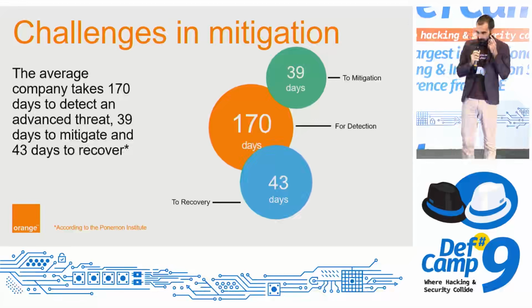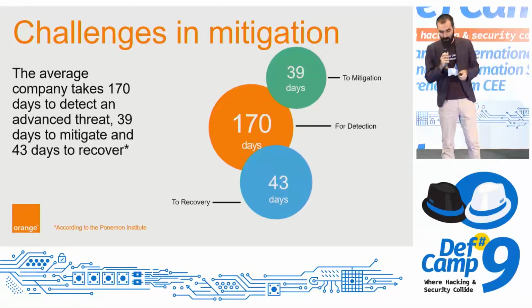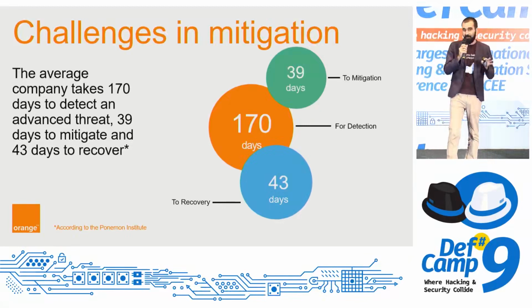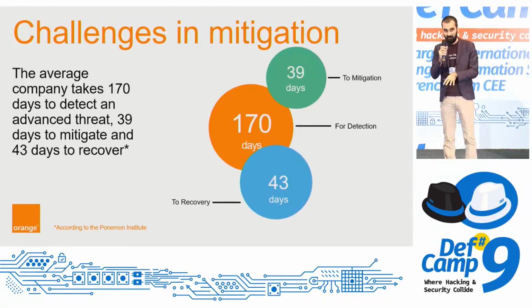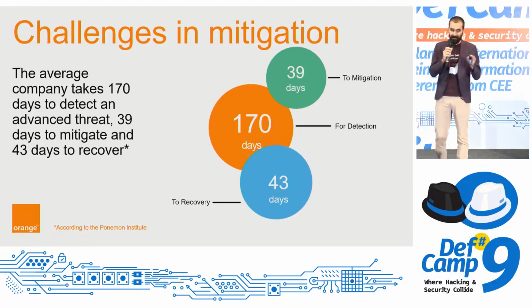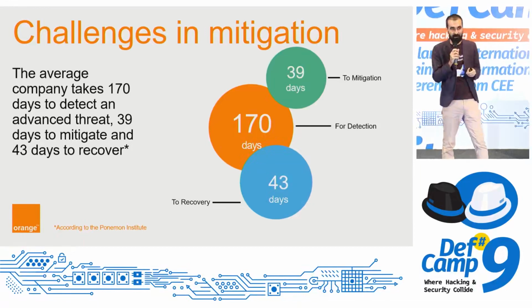And this gets us to my first question, if I'm not mistaken. How long does it take for men to fly from Earth to Mars? It's 160 to 180 days. And that's exactly how long it takes for an average company to detect an APT.